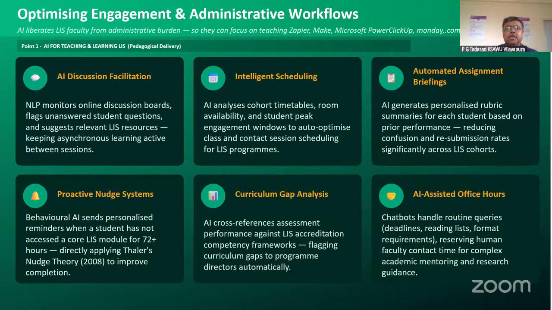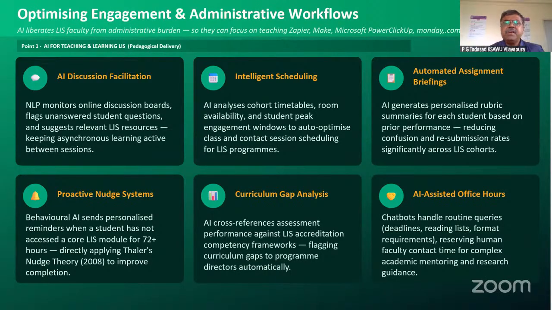The fourth one, we can use it as a tool for optimizing engagement and administrative workflows, whether it is discussion facilitation, intelligent scheduling, automated assignment briefings or proactive nudge systems.